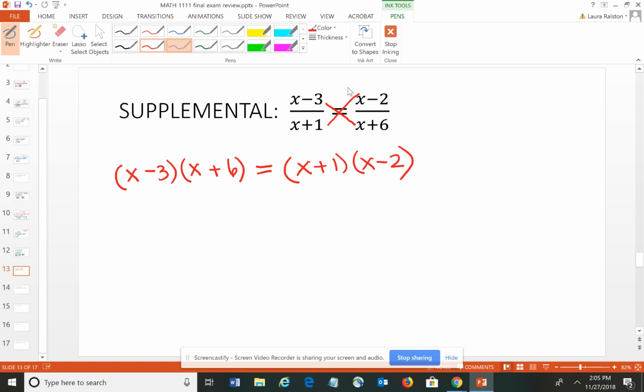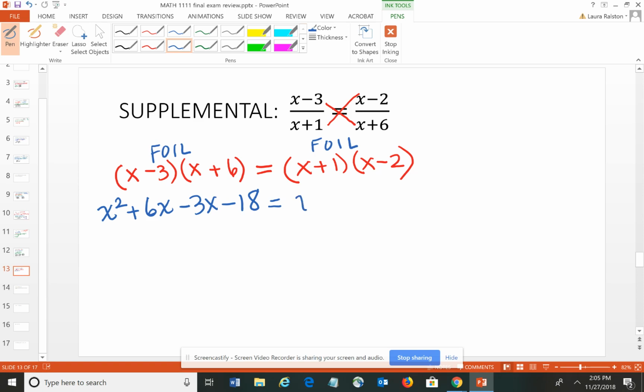And so then I need to do the multiplication. And in both cases, on the left and the right, since we have two pieces times two pieces, we're going to use FOIL. So I have x squared plus 6x minus 3x minus 18.